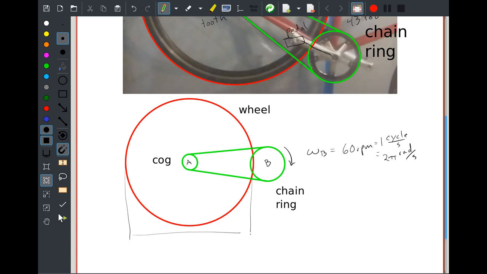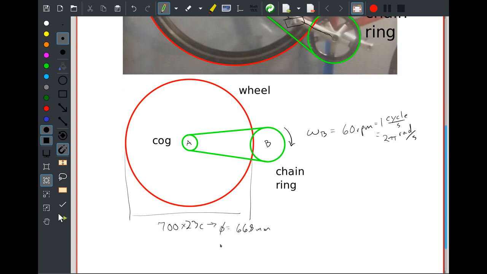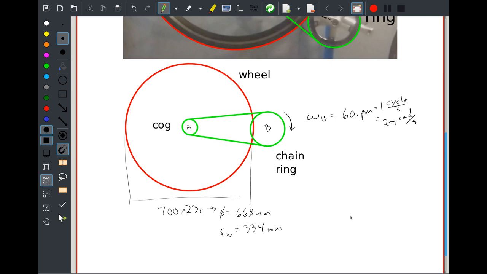This wheel, it's a 700 by 23C tire, which means that the diameter is 668 millimeters, and we're going to use the radius, so radius of the wheel is 334 millimeters.